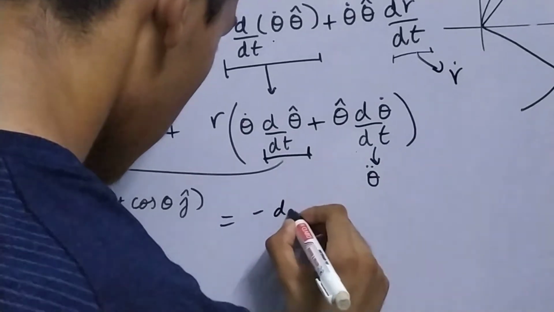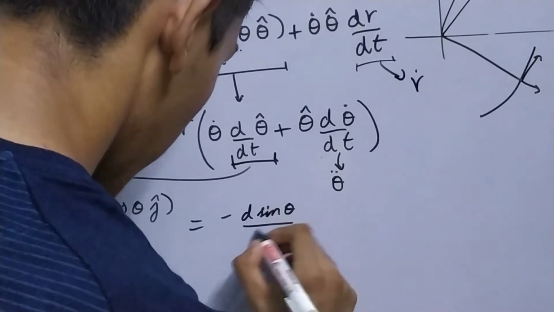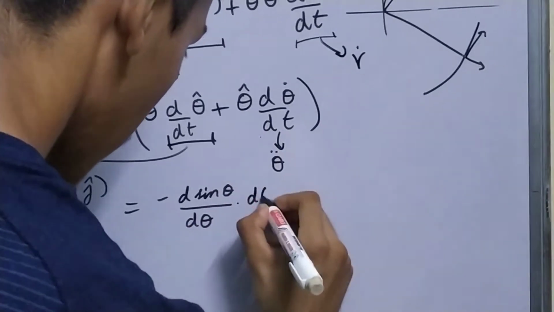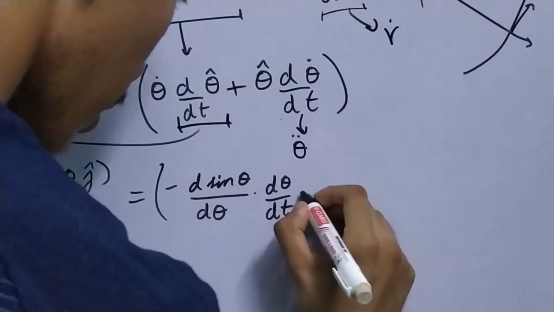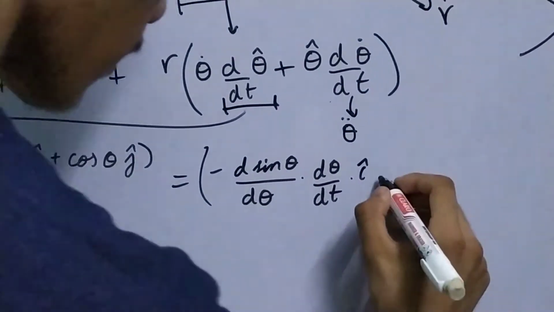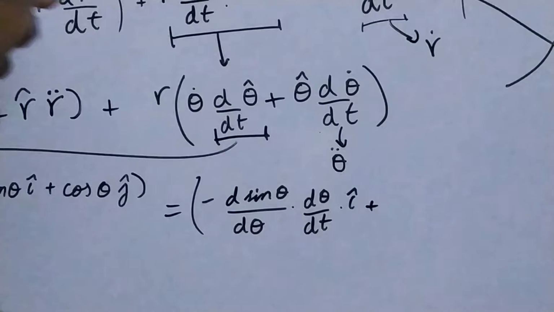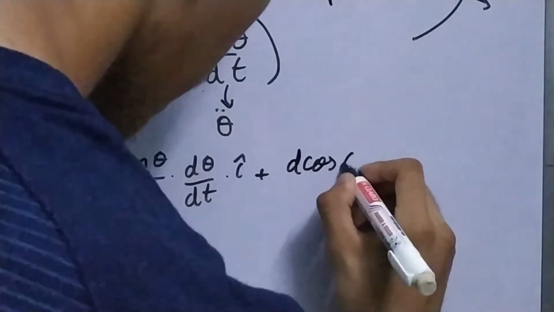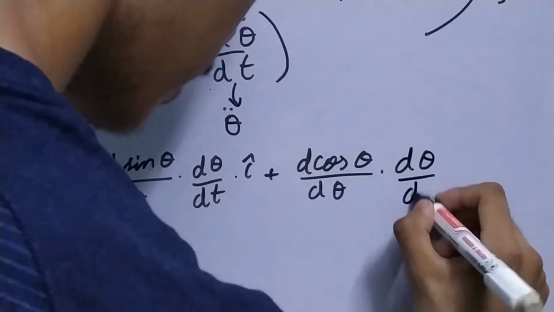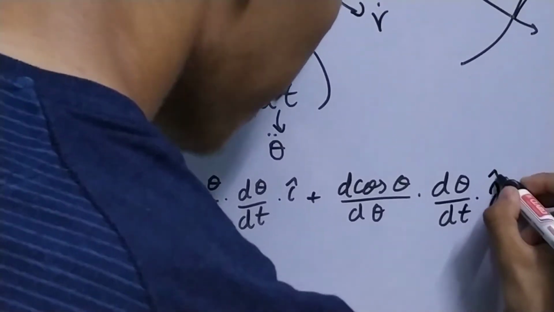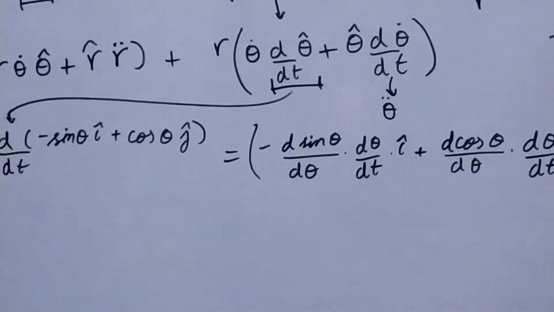So it's minus d sine theta by d theta times d theta by dt i cap plus d cos theta by d theta times d theta by dt j cap, okay.